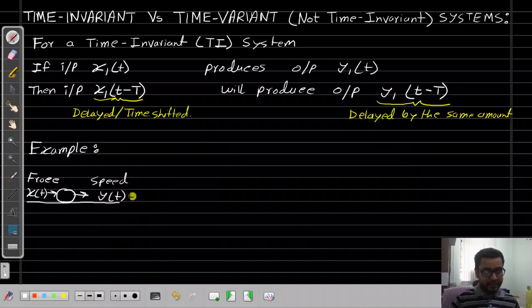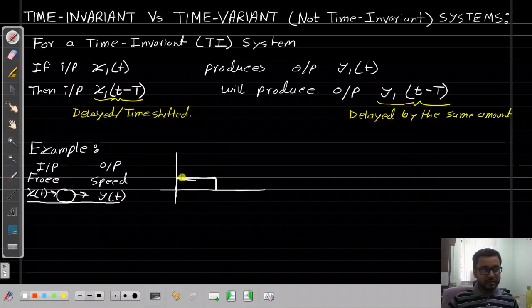That is y(t). This is input, this is output. Now if I give an input which is like this, it is 1 within a region 0 to 1.